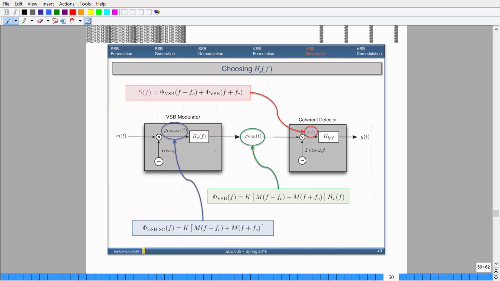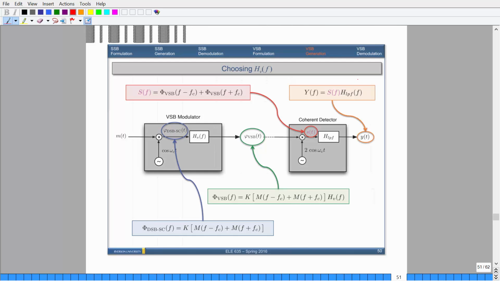Now we take our signal, multiply by 2 cosine, and this is what you get. This is the modulated signal from before. Finally, the output is just the low-pass filtered version of whatever's coming in on the demodulation side. This is the in and out relationship for the low-pass filter.